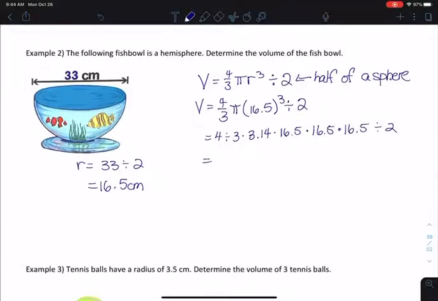Typing all that in, we get a big number, 18807.03. And what does that round to at one decimal place? It will be 18,807.0, because this is less than 5, which means the 0 stays the same. Units are centimeters, so it's centimeters cubed.